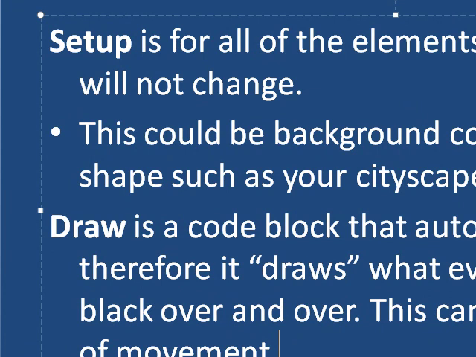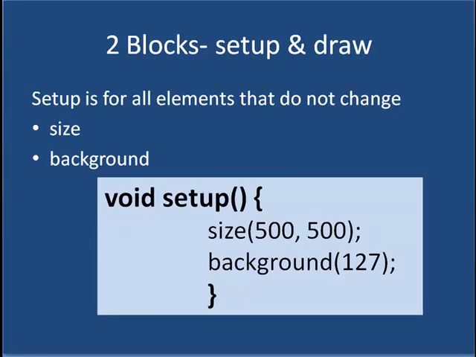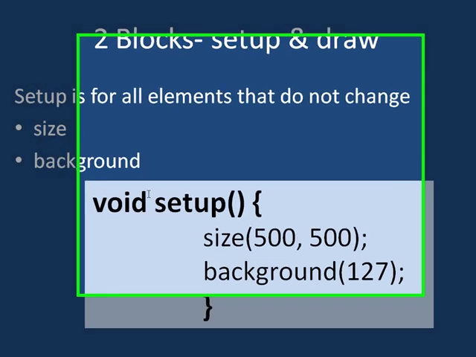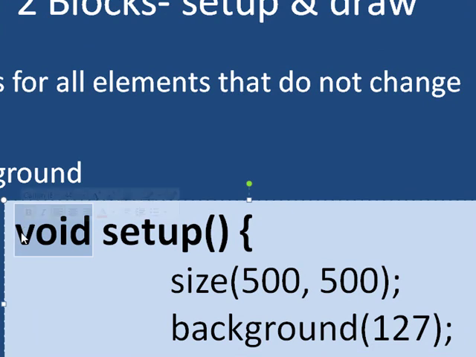Let's talk about the syntax. How does it look? And again, I'm just going to reference you back to web. Remember, in web, when you're looking at the code on a page, you have your head tags, you have your style tags, they have opening and closing tags, your body tags, opening and closing. It's the same sort of thing here. So here's our setup, and the syntax is it starts with the word void, and notice there's no capitalization.